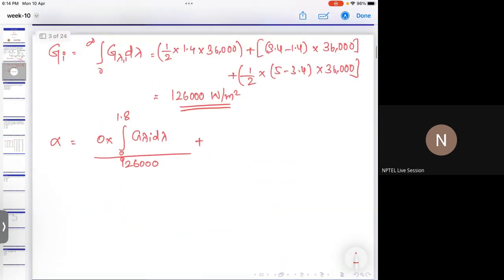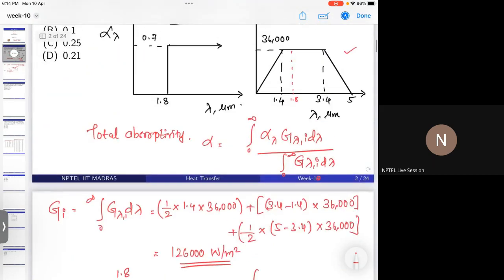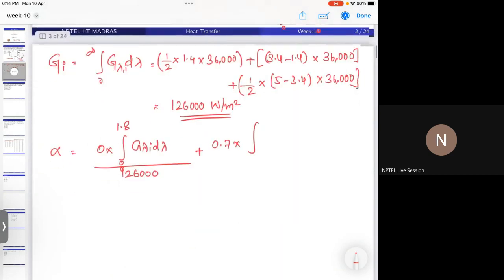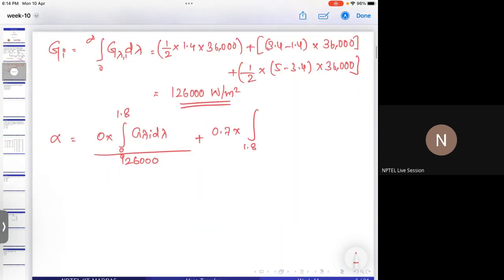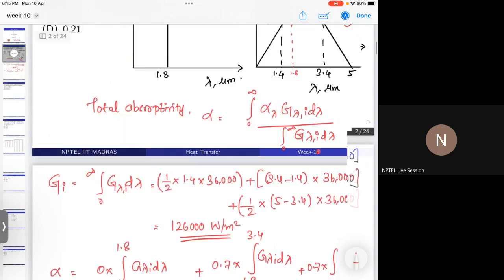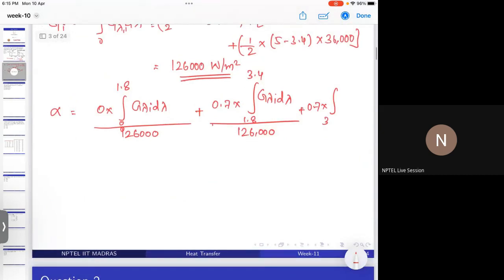So that is 0.7 into the integral from 1.8 to 3.4 of G lambda d lambda, plus 0.7 into the integral from 3.4 to 5 of G lambda d lambda, divided by the total. The first part is 0.